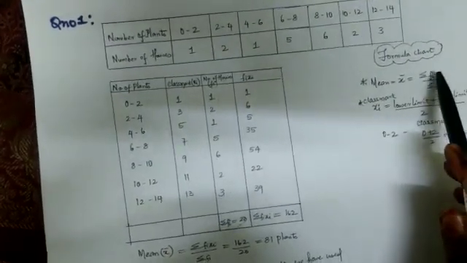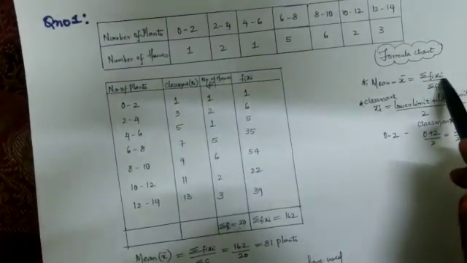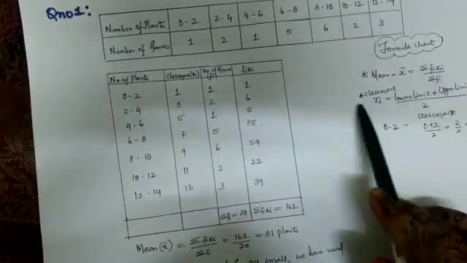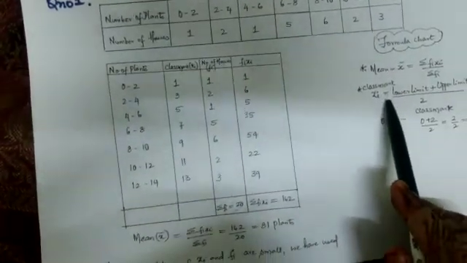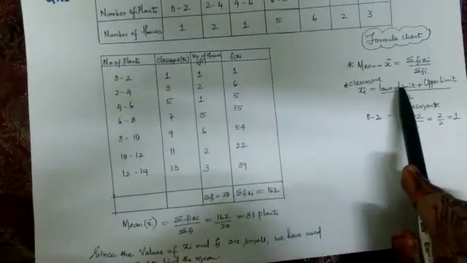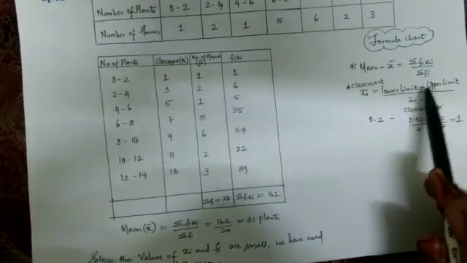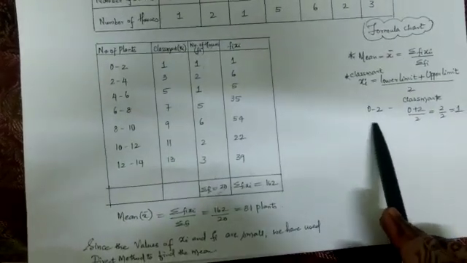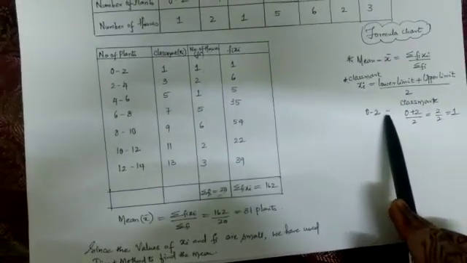In the previous example, xi was nothing but the observation, but in grouped data, the class mark is xi, and I hope you all remember class mark. This is nothing but lower limit plus upper limit divided by 2. For example, the class interval is given as 0 to 2.